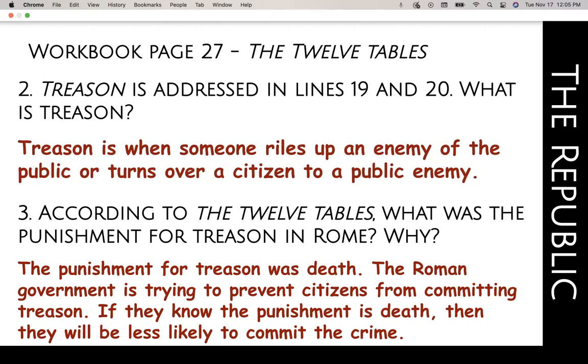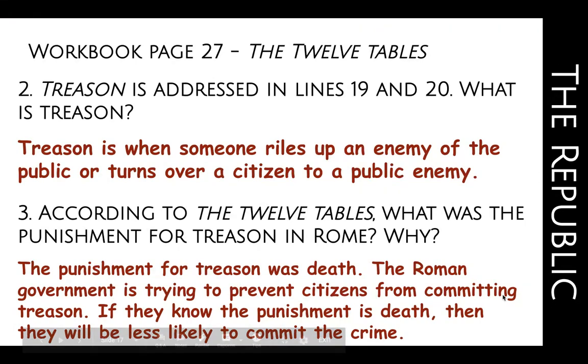All right, welcome back. Treason is defined as the act of riling up an enemy of the public or turning over a citizen to a public enemy.